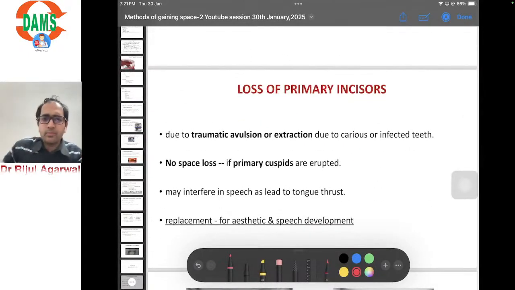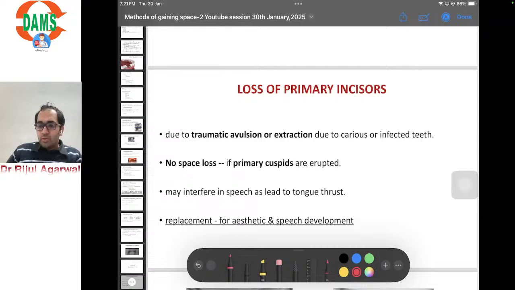First, if there is loss of a primary incisor, what are the common reasons for such loss? Due to traumatic avulsion, or extraction due to caries or infected teeth. If the primary canines are erupted, then there is no space loss. If they are not erupted, what will happen?